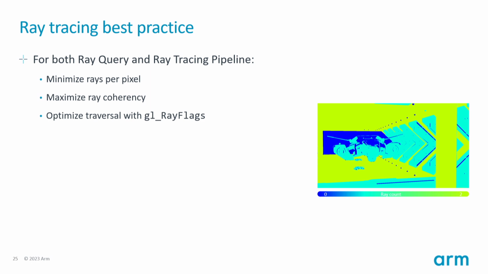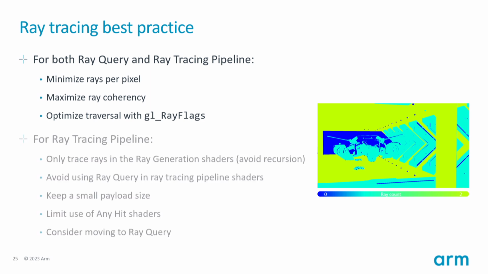And for the ray tracing pipeline, first off, you should only trace the ray in the ray generation shader. Recursively tracing rays would be slow. And the second, avoid using ray query inside your ray tracing pipeline shader code.